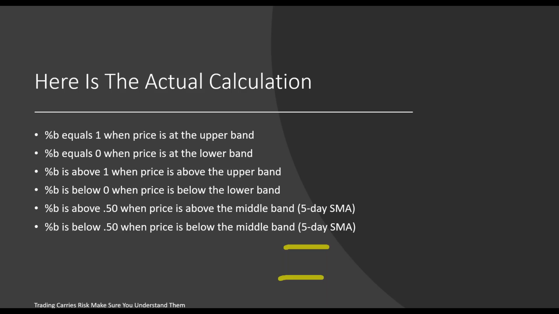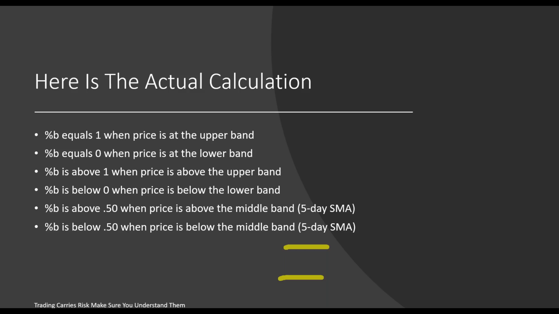Okay. Now the percent B is calculated a little bit more weirdly. Because what percent B does is it gives you a value. So when the price is at the upper band, we give that price a value of 1. When the price is at the lower band, we give it a value of 0.